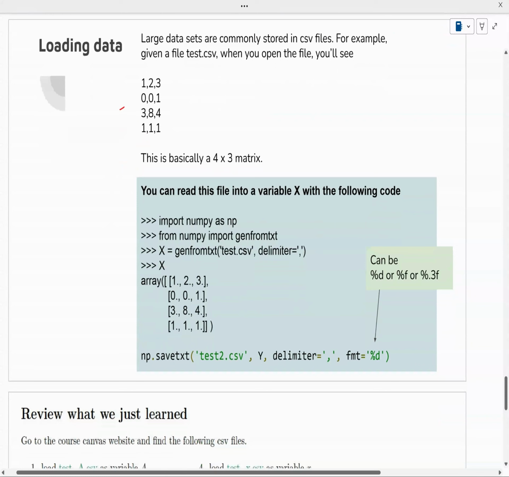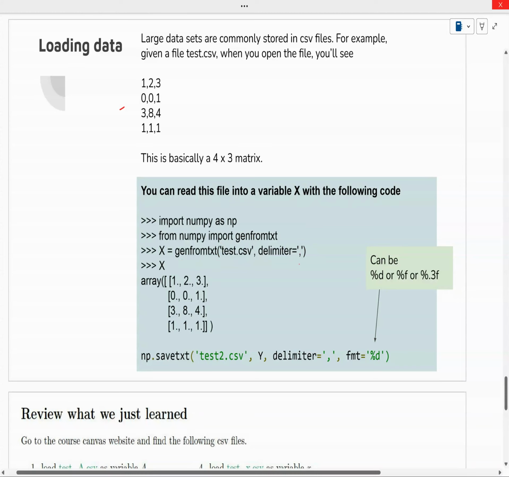So let's go over this code. We import the NumPy library, and then I import this genfromtxt. This genfromtxt is useful because this function allows you to load the file test.csv with the delimiter of comma.